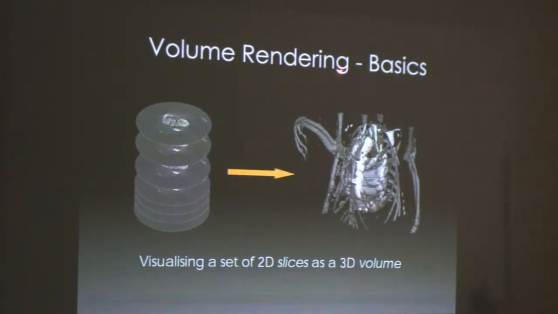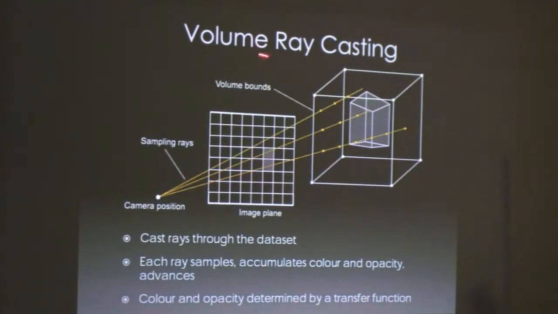And now through the process of volume rendering, and specifically volume ray casting, which is a subset of volume rendering, we get an image. And the way it works is you would cast a large number of rays into your volume from a certain point of view. Now, you cast as many rays as you have pixels in your image.